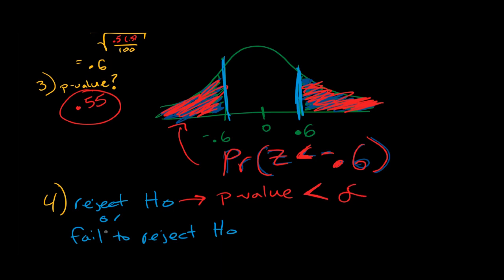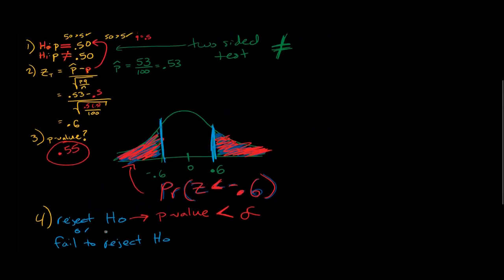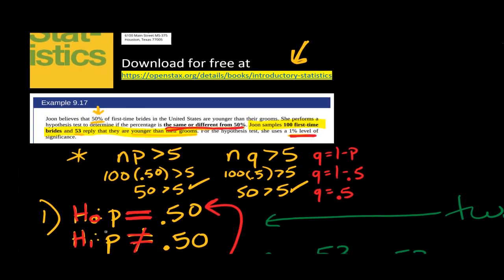Okay, and what is alpha? Let's go back up top. For this hypothesis, she uses a 1% level of significance. That is alpha. Alpha, 0.01. Okay, why did I say 0.01? Because we have to change that percentage into a decimal. So remember, you move your decimal over twice.